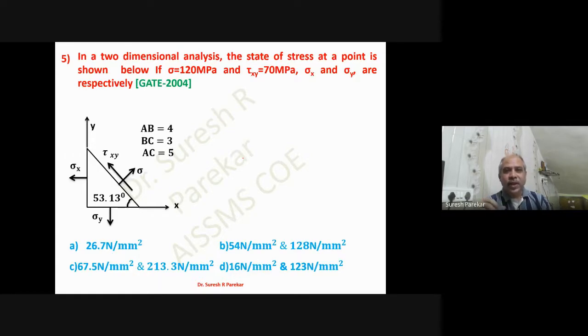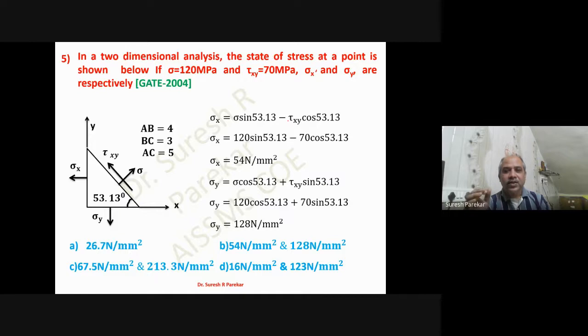Then we have, in a two-dimensional analysis, the state of stress at a point shown below. If sigma is 120 MPa and tau xy is 70 MPa, find sigma x dash and sigma y dash. So we have to find out sigma n and sigma t, and that we can calculate. You can see here, sigma x is sigma sine 53.13 minus tau xy cos 53.13.